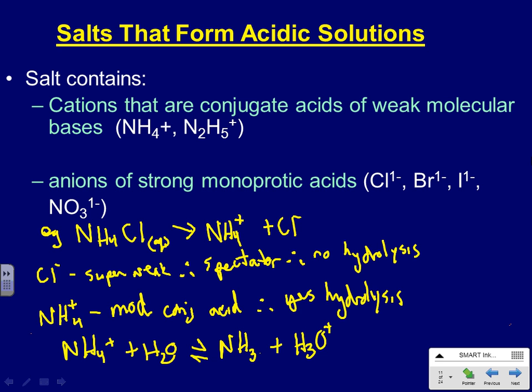I get an H3O plus, which means right from here, what am I going to say about this particular solution? It's acidic. It's going to make it slightly acidic. Therefore, acidic. And that's what it's all about right there.